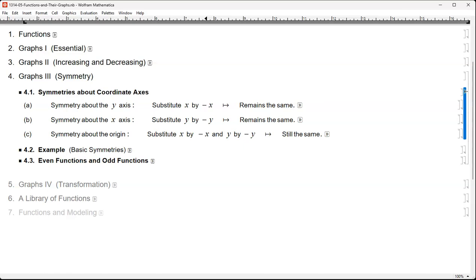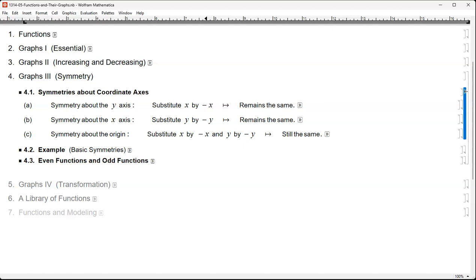We also went through switching x and y, a symmetry about the principal diagonal. And functions behave pretty much the same. It's just a special case of a double variable equation.